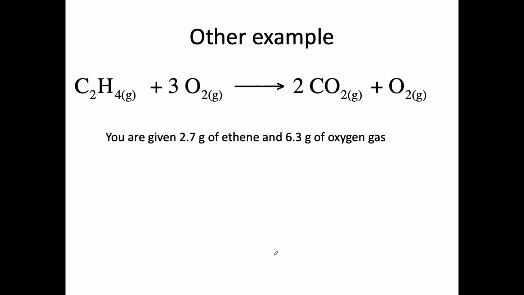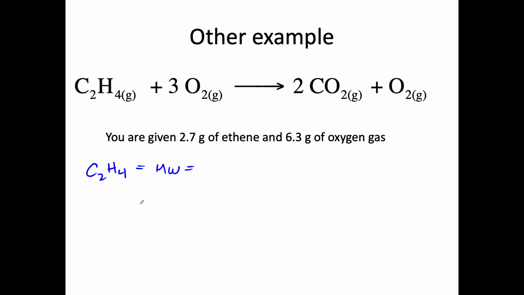And we have the combustion of ethene, C2H4, plus 3 moles of oxygen, and you get 2 moles of carbon dioxide and 2 moles of water. We're going to do the same thing. So we're going to start off with C2H4, the molecular weight, MW, or the molecular mass. Everybody uses MW for molecular mass.